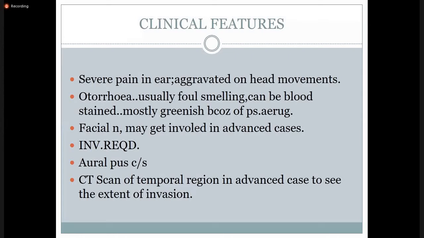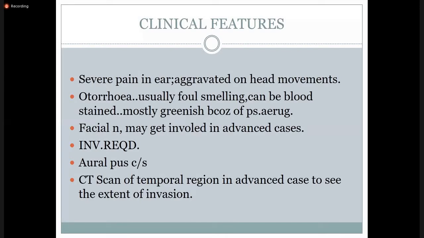When you describe the discharge from the ear in patients with malignant otitis externa, you must know the characteristic features of this condition, and the cause behind it. Why it is foul smelling, why it is blood stained, why it is greenish.